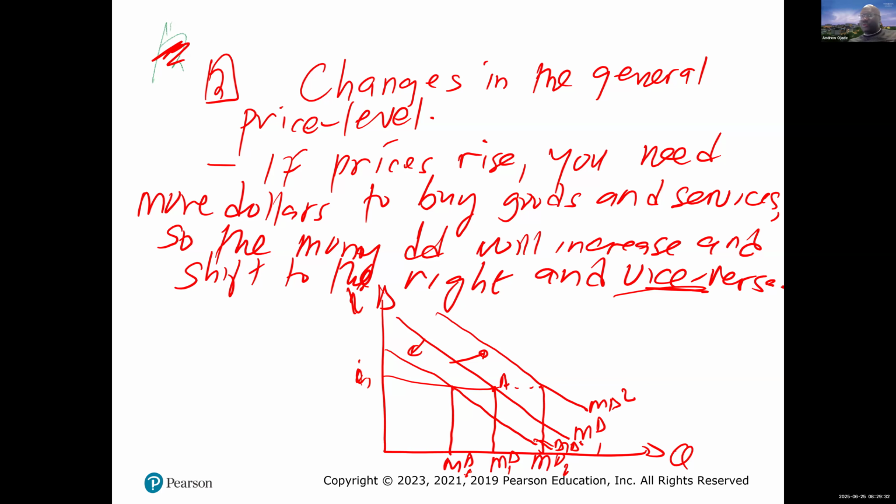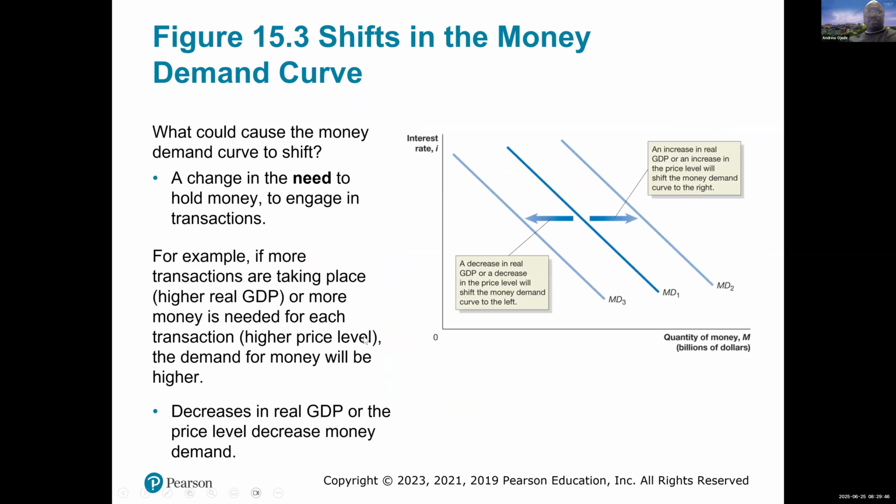So the amount of money that you want to hold or demand is contingent on what the cost of goods are. Okay, so the third factor that will shift the money demand curve, you can talk about expected inflation.